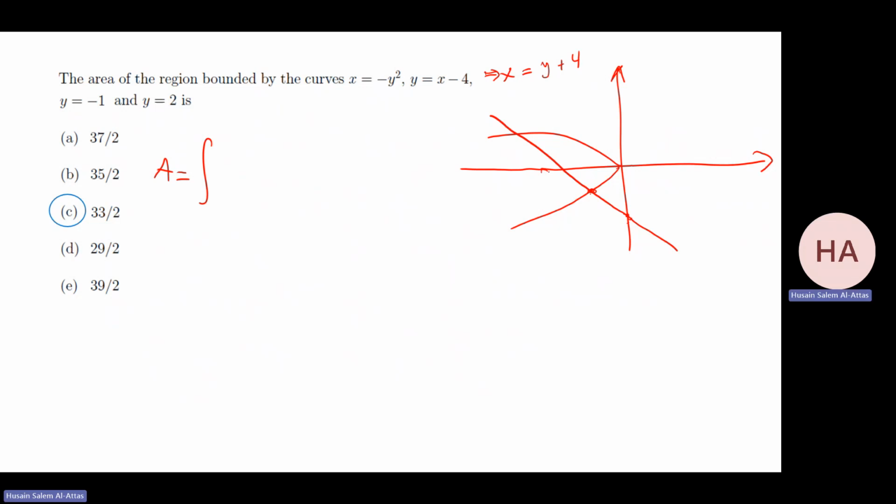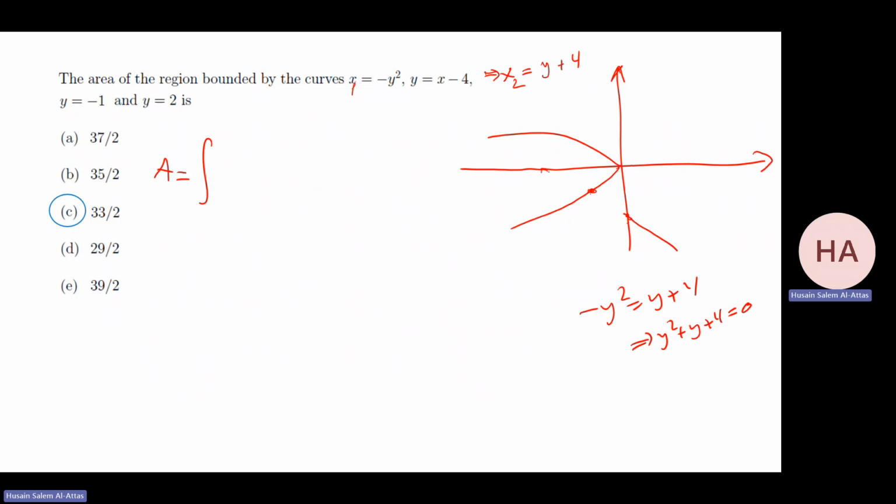Y equal 2 is also not the point of intersection. Y equal 2 gives me x equal 6, and in the other one it's x equal minus 4. So to find the point of intersection, if you equate the two, I have minus y squared equal y plus 4, so y squared plus y plus 4 equals 0.